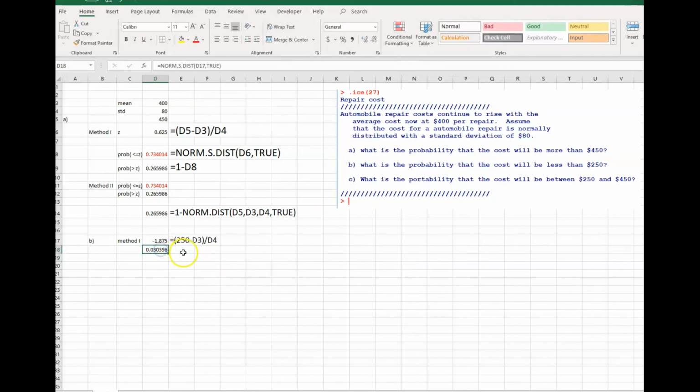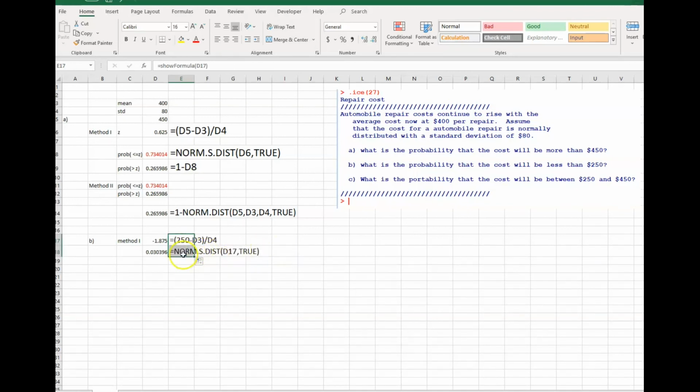Then we have about 3%. B only asks what is the probability less than or equal to 250. The answer is about 3%.